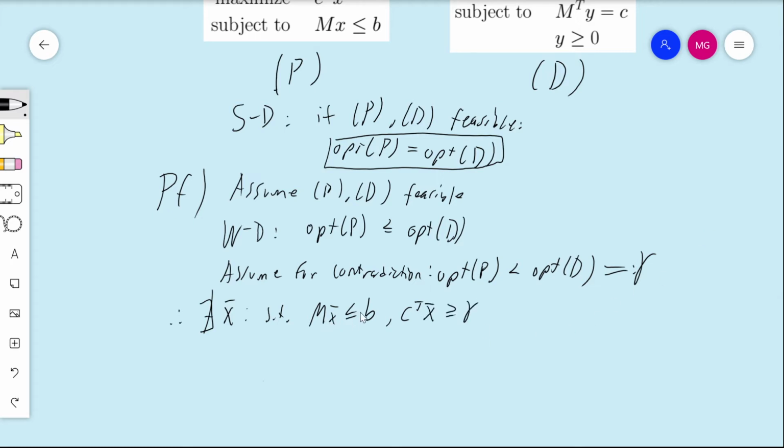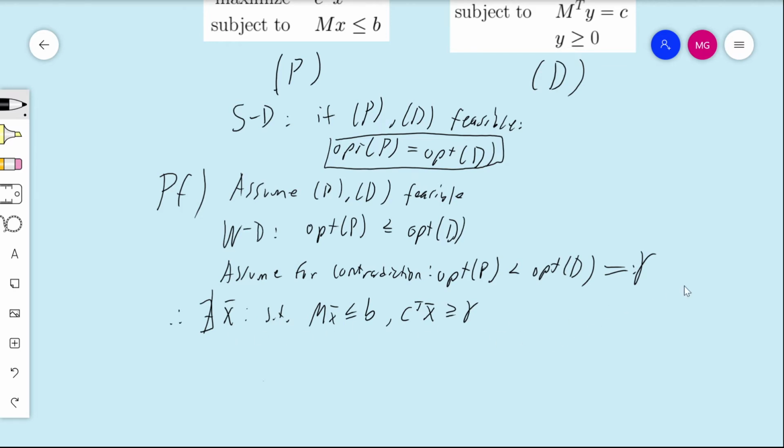Because if x bar is feasible for the primal, so it satisfies these constraints, then C transpose x bar, the objective function value, can't be any more than gamma. It must be strictly less. So this would be impossible, so this x bar does not exist.